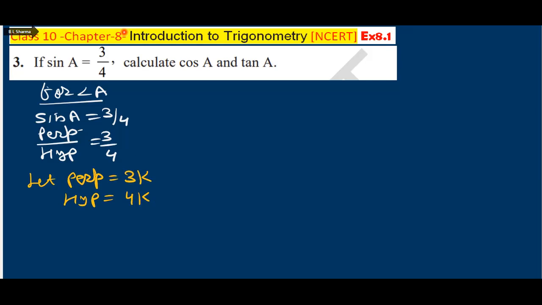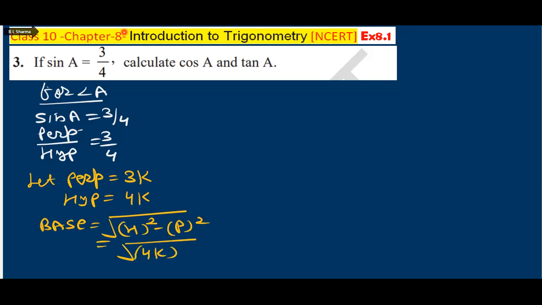So using Pythagoras theorem, base is equal to hypotenuse square minus perpendicular square, that is 4k square minus 3k square.